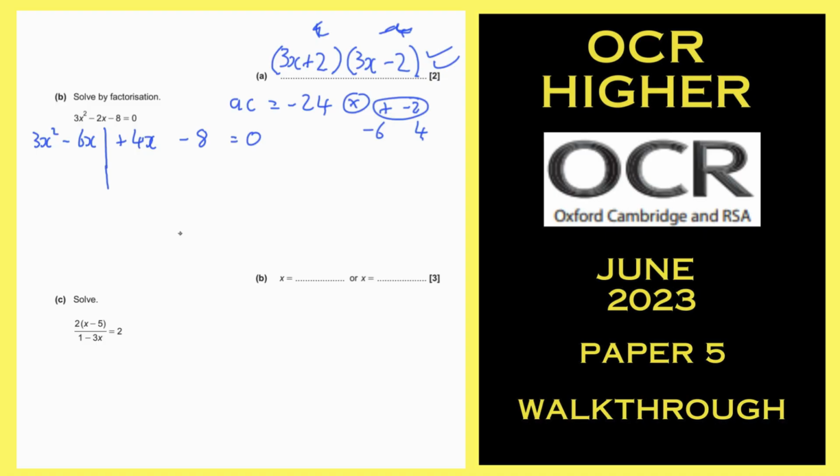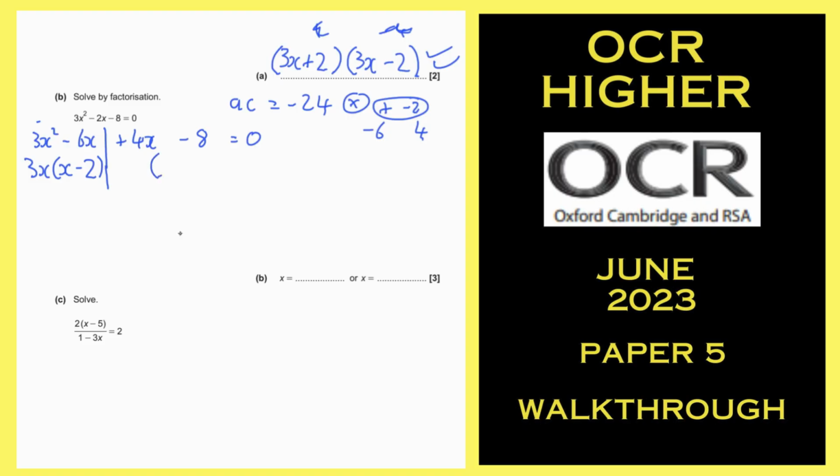It will still work. Next, factorise the left-hand side. They're in the 3 times table, and they both have an x in them. 3x times x is 3x squared. 3x times minus 2 is minus 6x.